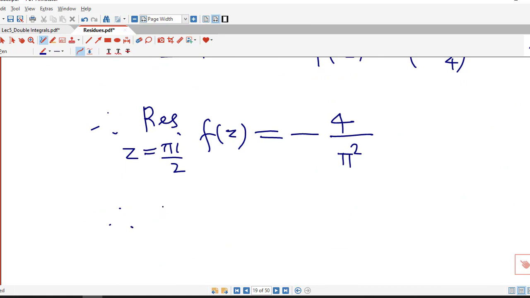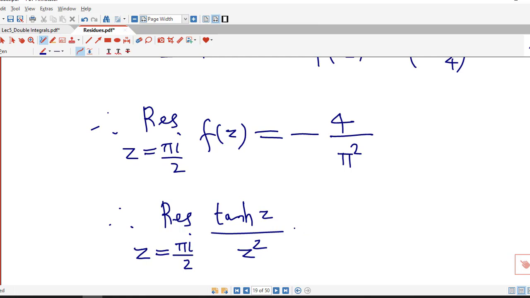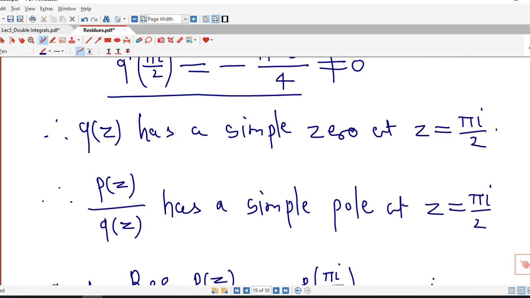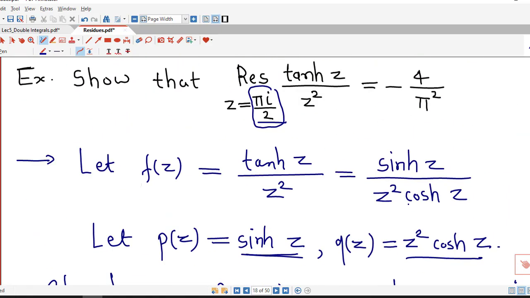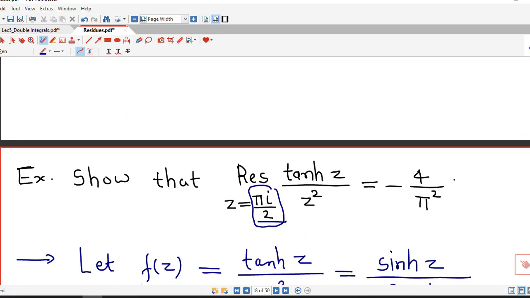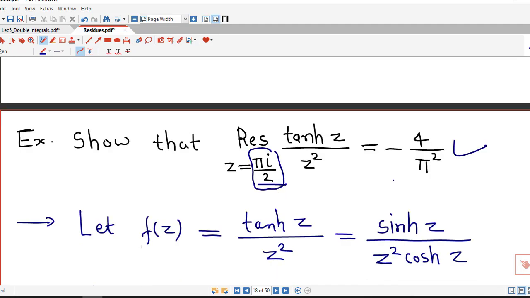So therefore the residue of tan hyperbolic z over z square at z equal to pi i by 2 is nothing but minus 4 divided by pi square. So we were asked to prove that the residue is minus 4 by pi square.